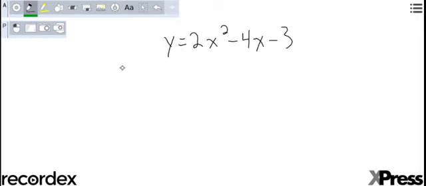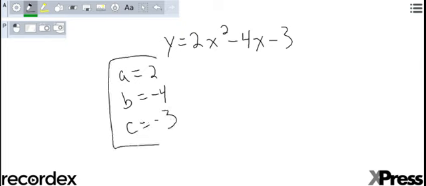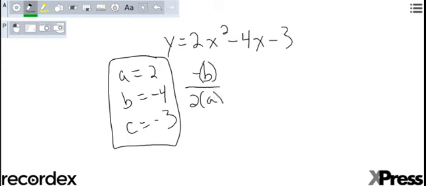So that means that my A is 2, my B is negative 4, and my C is negative 3. On quadratics, you almost always want to write this no matter what you're going to do. It never hurts.